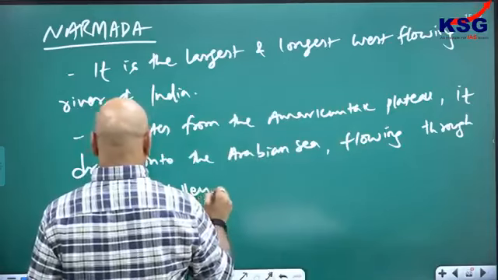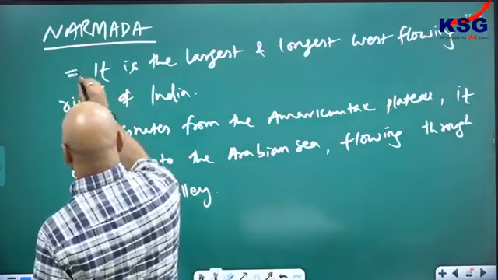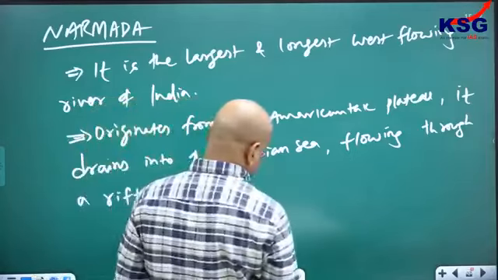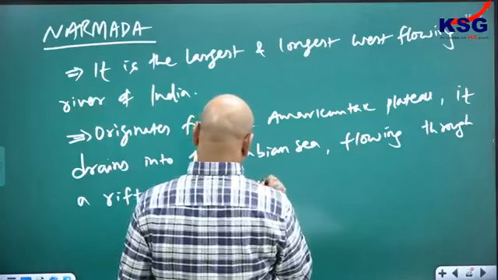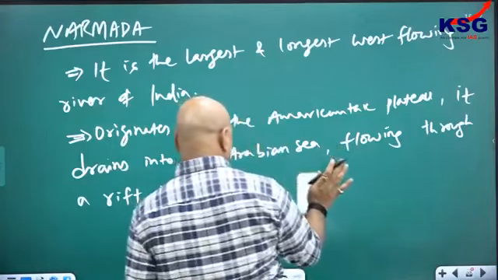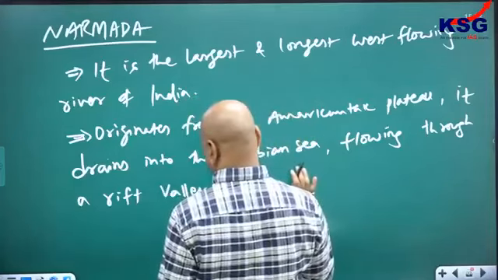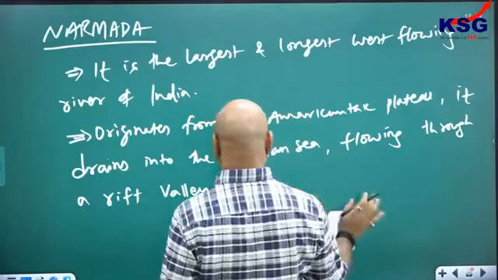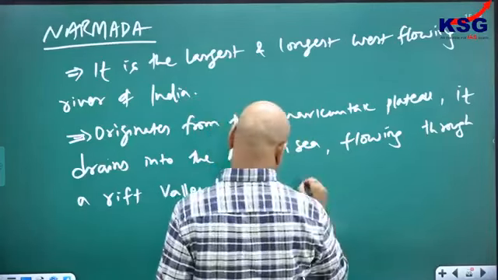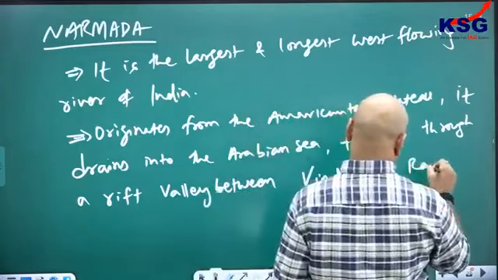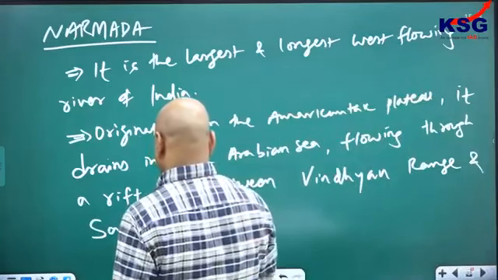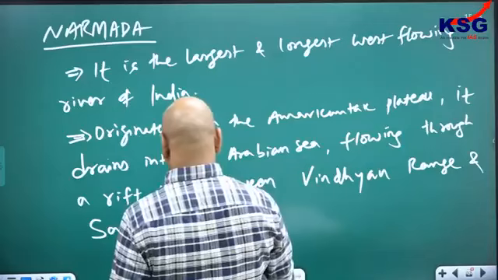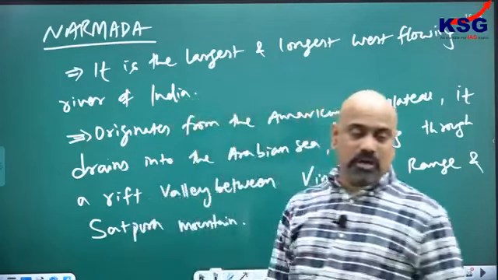It is flowing through a rift valley, Narmada river, between the Vindhyan range and Satpura, the Vindhyan Satpura range or Vindhyan Satpura mountain.